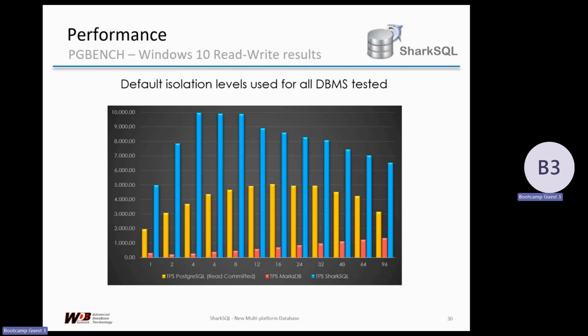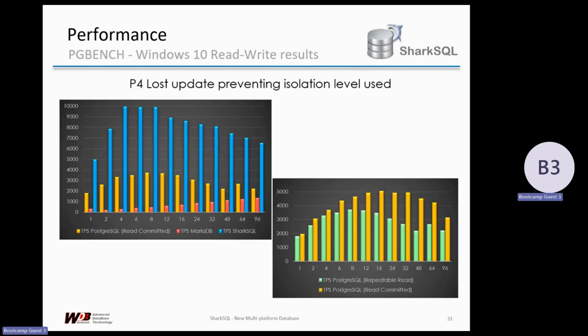This is on Windows, the same. You see here, PostgreSQL is much better. SharkSQL still outperforms PostgreSQL in out-of-the-box performance. We have to consider that in PostgreSQL, the default isolation level is read committed, and you have thousands of lost update phenomena.